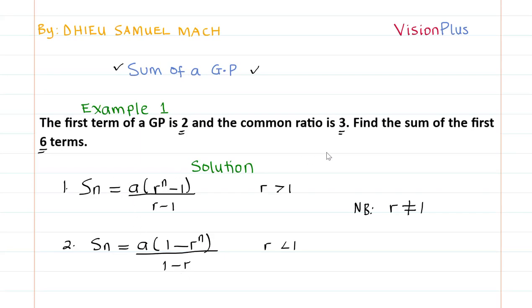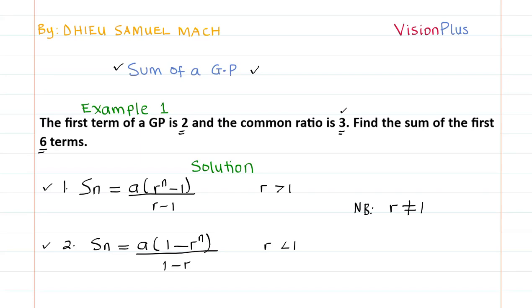If you are given the common ratio, like in this case, then you assess, is the given common ratio more than 1? If it is more than 1, you use the first formula. If the given common ratio is less than 1, then you use the second formula. So these are the 2 formulas that their use depends on the given value of R or on the calculated value of R that you have at hand.